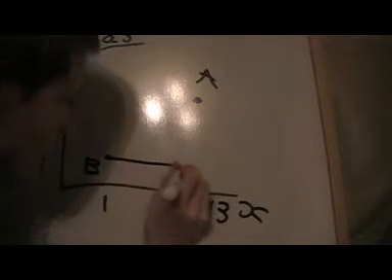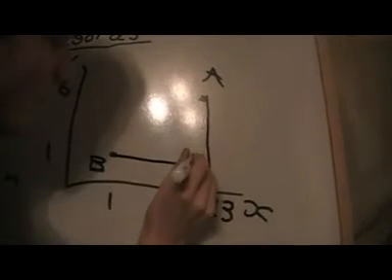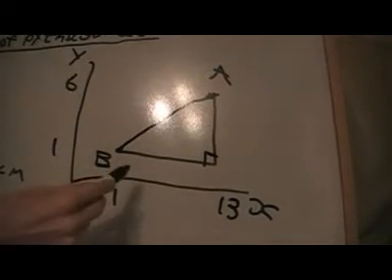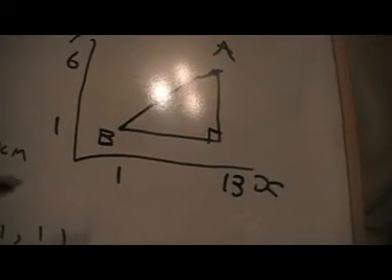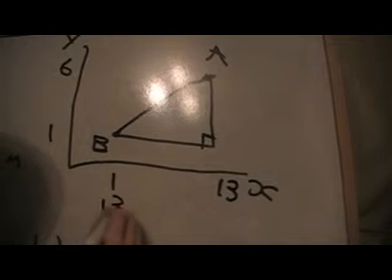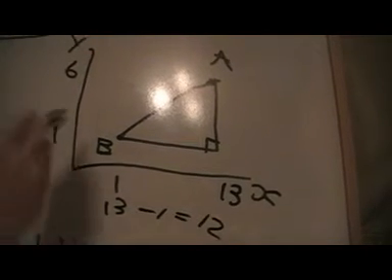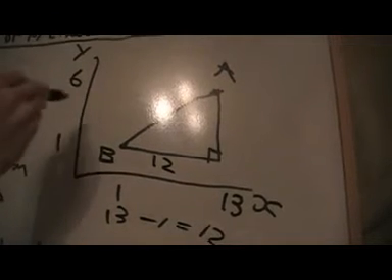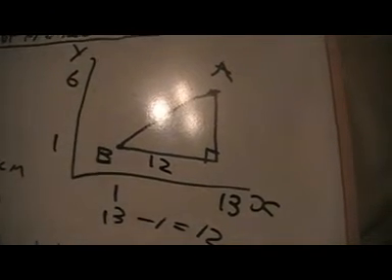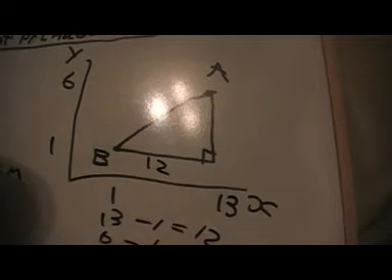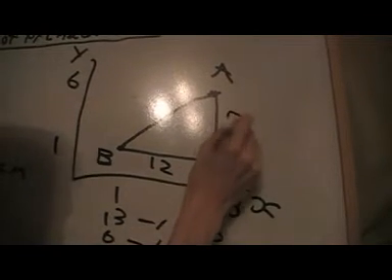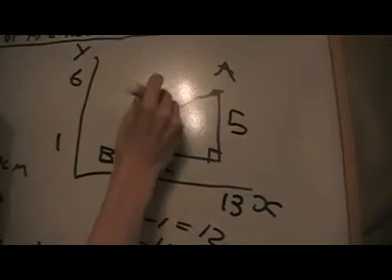And to apply Pythagoras, we need to find this length and this length. Notice this length here is the difference in the x coordinates, so that would just be 13 minus 1, so that's 12. And this length here is just the difference in the y coordinates, that's 6 minus 1, so that's 5. And then we can apply Pythagoras on these two sides to find this side, which is AB.